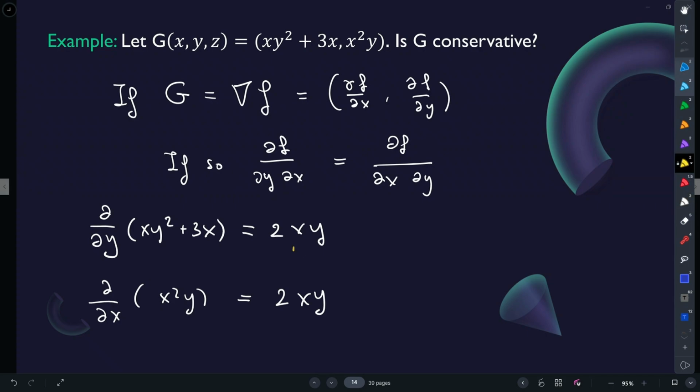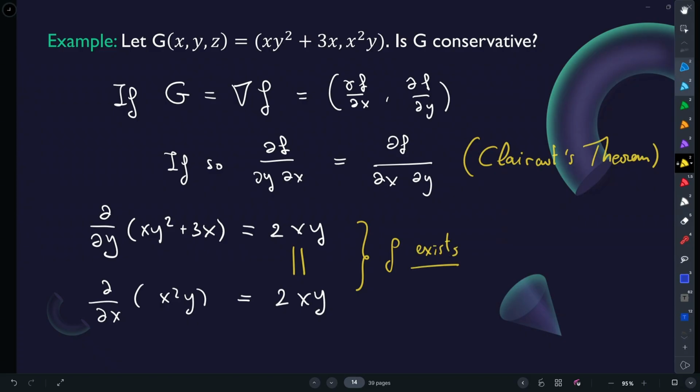So these are the same, and this is Clairaut's theorem, and because they coincide, this is going to be a conservative field, so f exists and G is conservative.